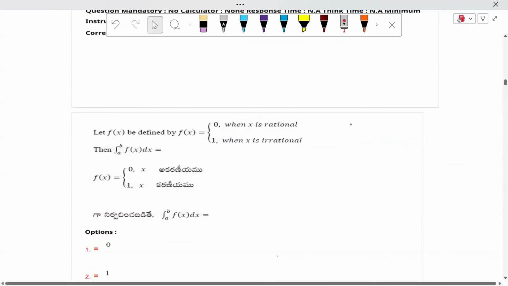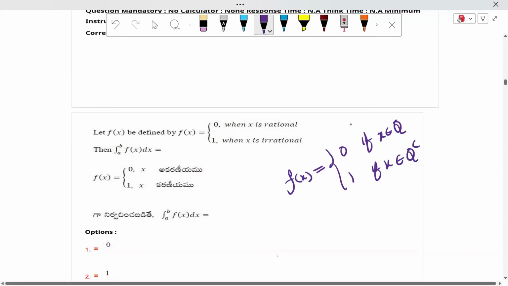ఇక్కడ అబ్జర్వేషన్ చేయండి. ఇచ్చినటువంటి ఫంక్షన్ ఏముందండి? f(x) is equal to 0, it is the 1, if x is the rational number, if x is the irrational number, Q complement. ఇక్కడ అబ్జర్వేషన్ చేస్తే బోత్ ఆర్ నాట్ ఈక్వల్. 0 is the not equal to 1 here.